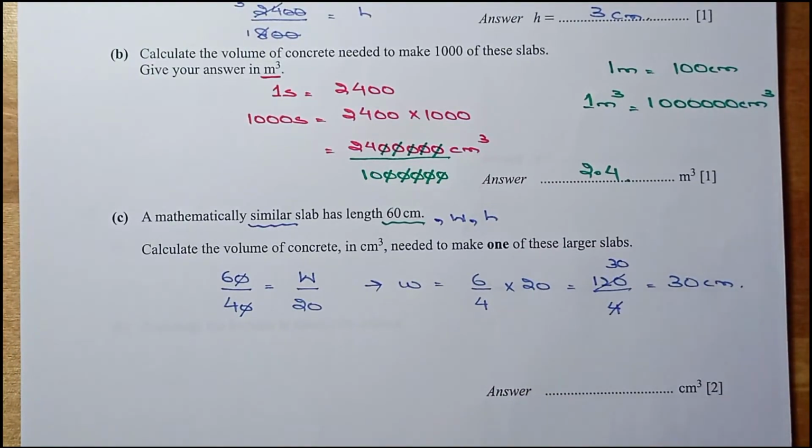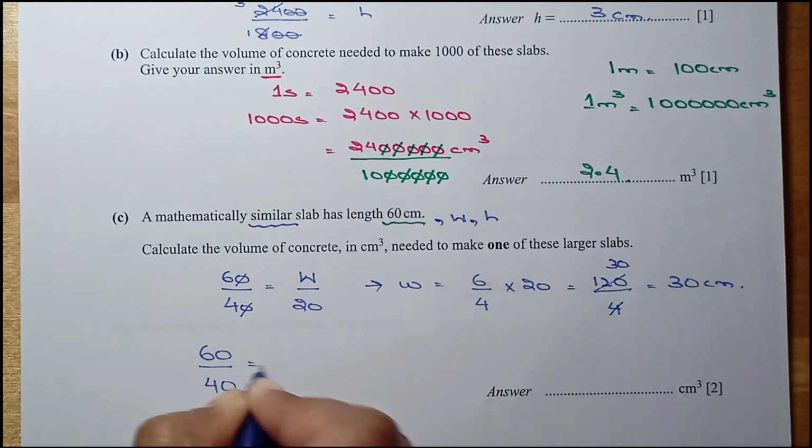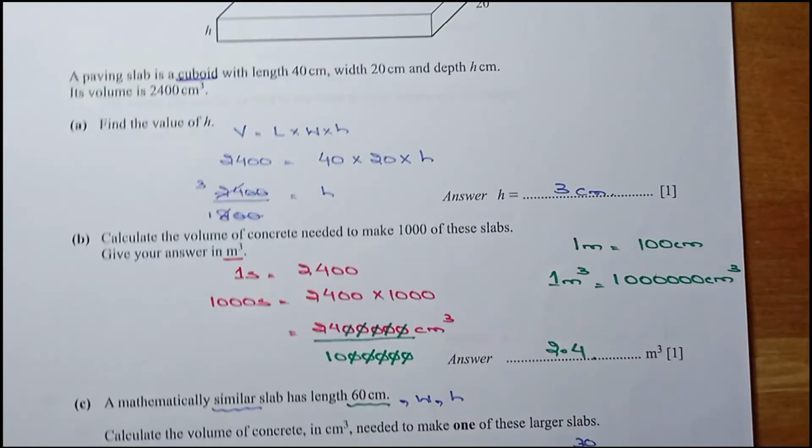Same concept we use for the height. So 60 over 40. Now here the height is H and before the height was 3 centimeter.